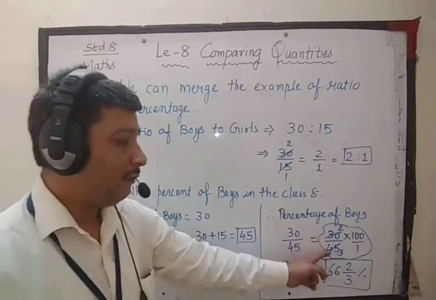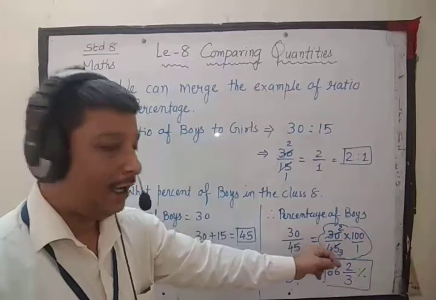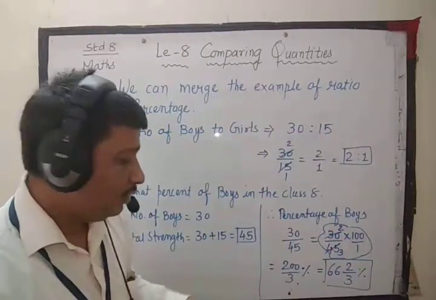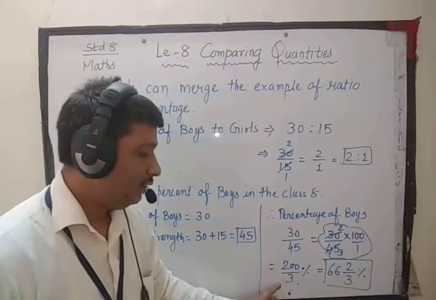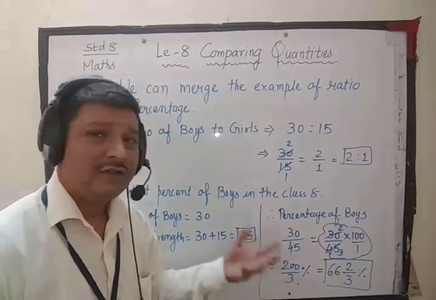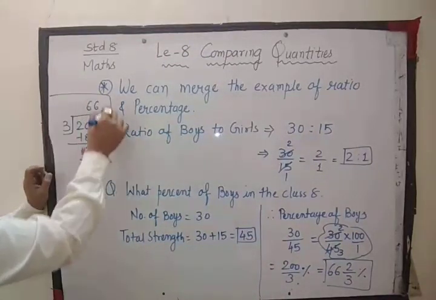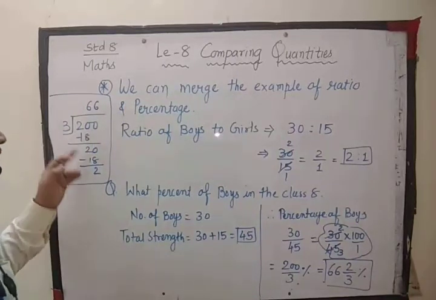We just multiply 30 upon 45 by 100, and when we have done we get the percentage. So we have got 200 by 3%. So 200 by 3% means how much? We have done the rough work and found 66 2 by 3.